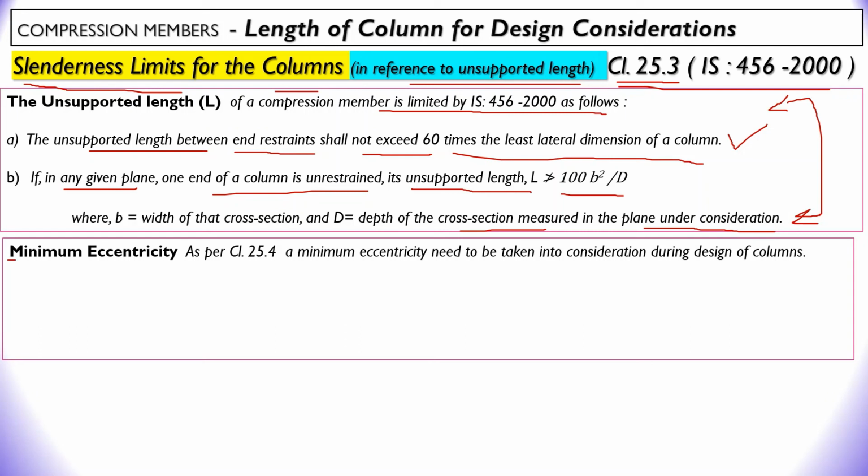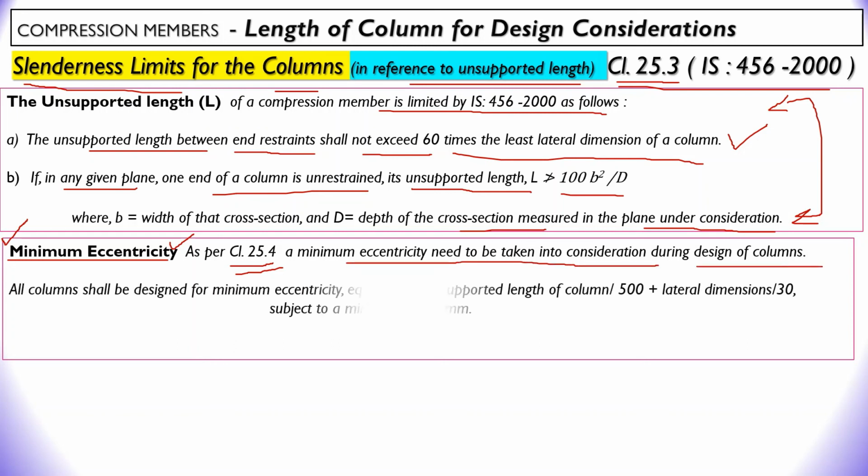Now another important point of our discussion is as per clause number 25.4, that is minimum eccentricity. As I discussed at the start of the lecture, no column will be considered as perfectly under axial compressive load because some eccentricity is also possible. So keeping those parameters in consideration, when we design a column we have to take into consideration minimum eccentricity. This clause suggests that a minimum eccentricity needs to be taken into consideration during the design of the column.